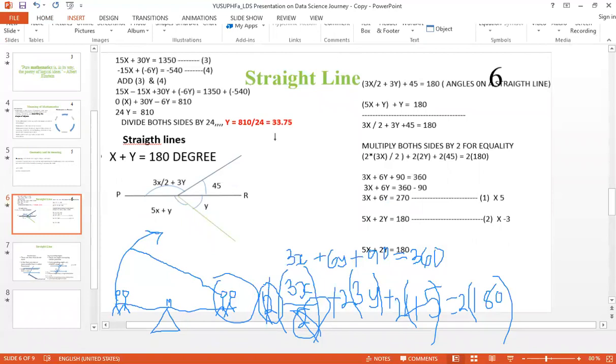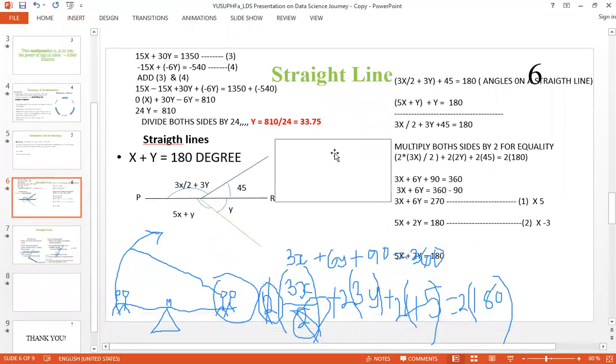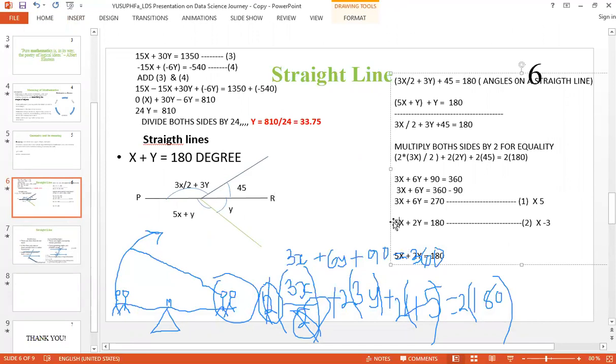Okay, so now we're almost done. Now, I'm substituting here. 5x plus 2y is equal to 180. I'm using that. You can use any one. Substitute into 5x plus 2y equals 180 to get x.